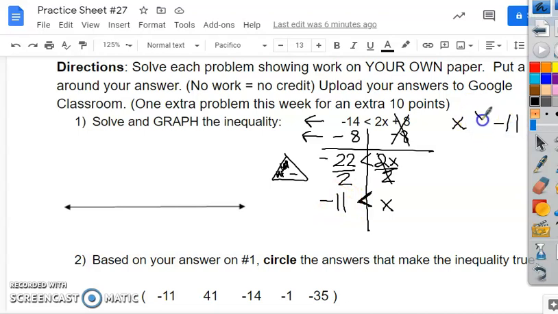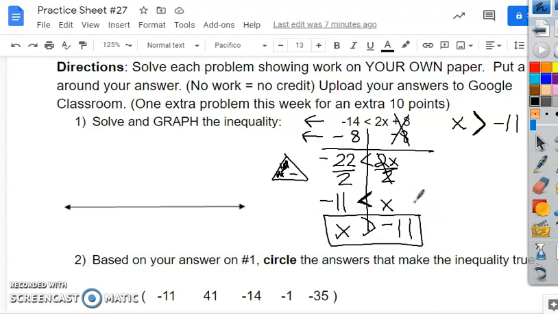I want to keep it pointing at the negative 11. That was my pen. Sorry about that. So when I flip it, I flip everything. My pen is being super sensitive. Okay.